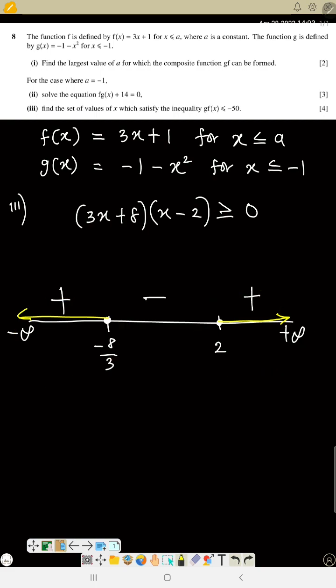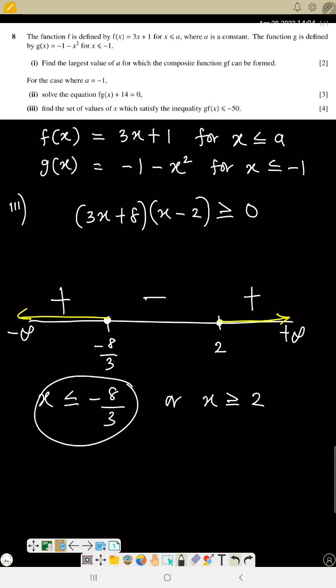If you look at this, s is less than or equal to minus 8 over 3, or s is greater than or equal to 2, as in this region, because all these numbers are greater. So that will be the answer. You will see this is the same thing as the previous rule that I showed, instead of passing through this stage.